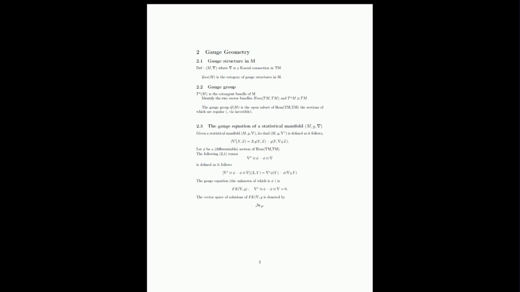I'm interested in the equation phi f nabla g equals 0. The set of solutions of this equation is denoted by g nabla g.